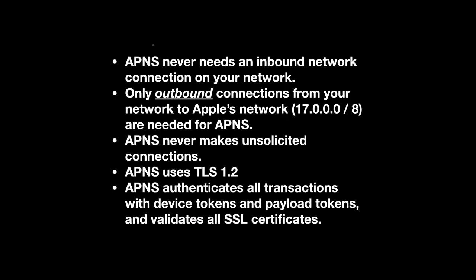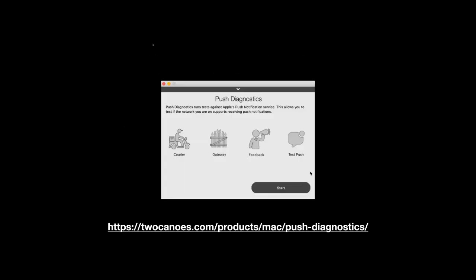Now, for those folks having that argument with their security or network folks, here are some important facts to know. So once that argument is over and they've agreed to open up the needed ports, you may find that they didn't actually open up all the necessary ports. Now, to help check this, Toucan software makes a great diagnostics tool. And if everything has been set up correctly, you should get results like this.